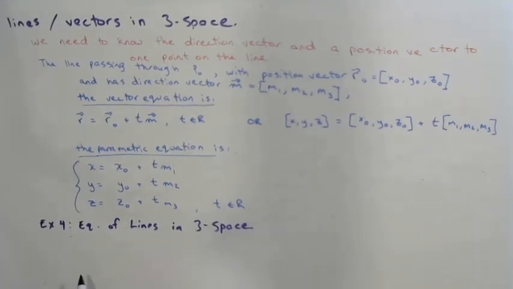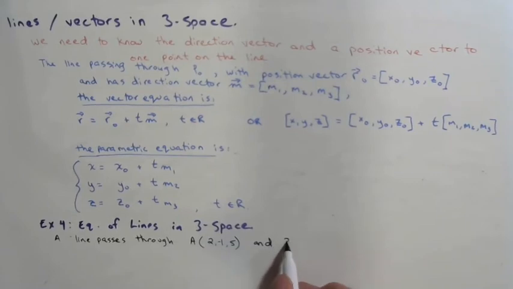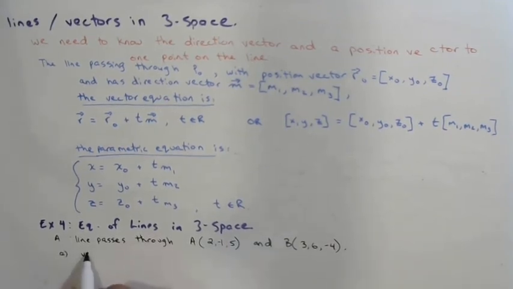Step 1, we are told a line passes through A, which is given by the point 2, -1, 5, and it passes through B, which is 3, 6, negative 4. We're going to write a vector equation first.